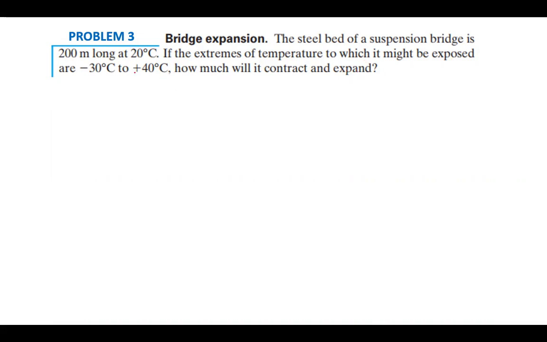The most important thing here is that you first have to assume that this bridge is undergoing linear expansion. That's an assumption you first have to make. Then after doing that, you'll be able to find the change in length.